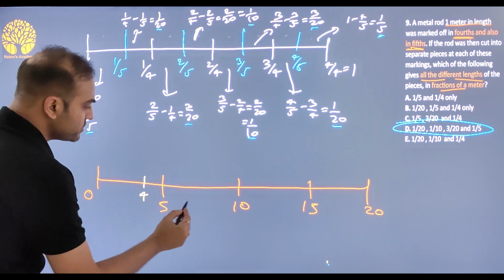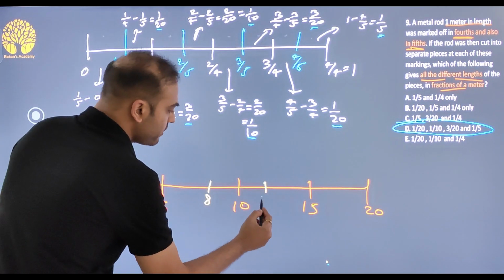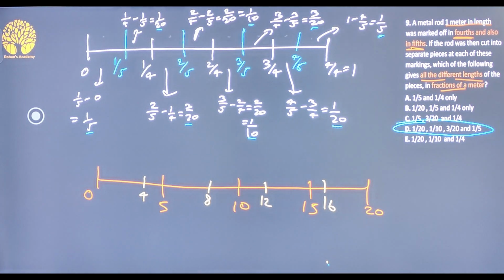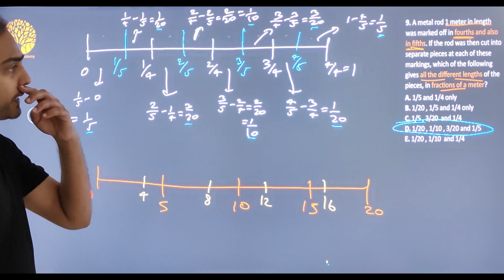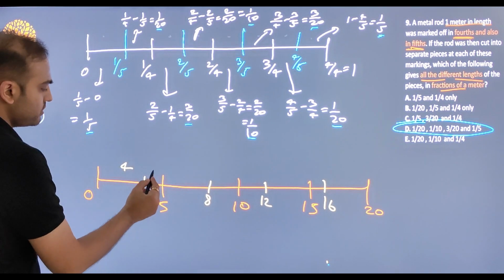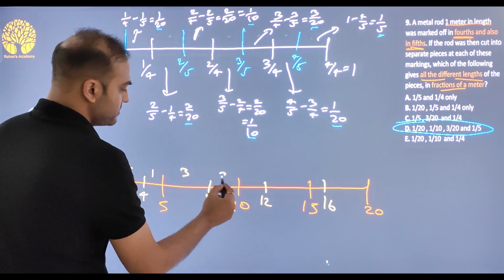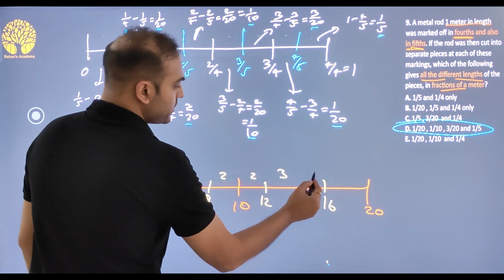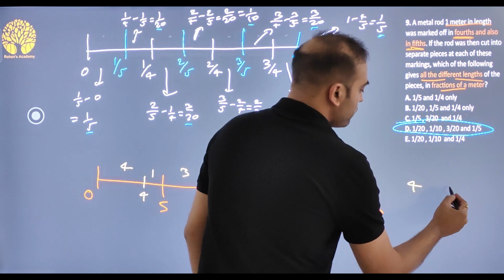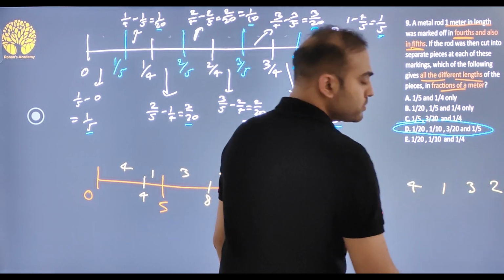So you know those values are 4, 8, 12, 16. Right? And now all you have to do is calculate various lengths. You can do so orally. This is 4, this is 1, this is 3, this is 2, 2, 3, 1, 4. So the various lengths are 4, 1, 3, and 2.